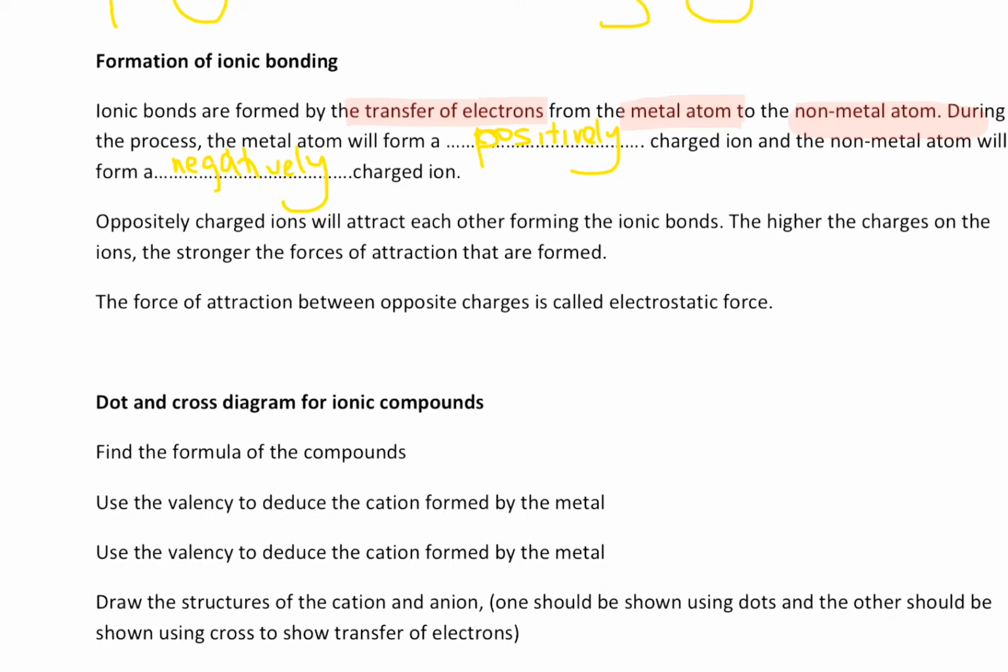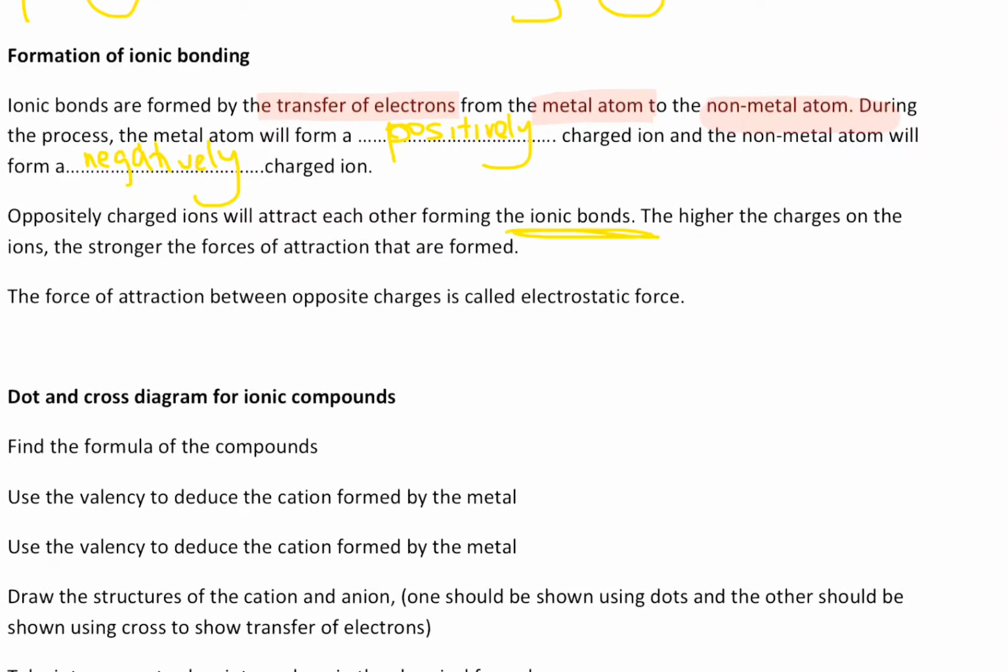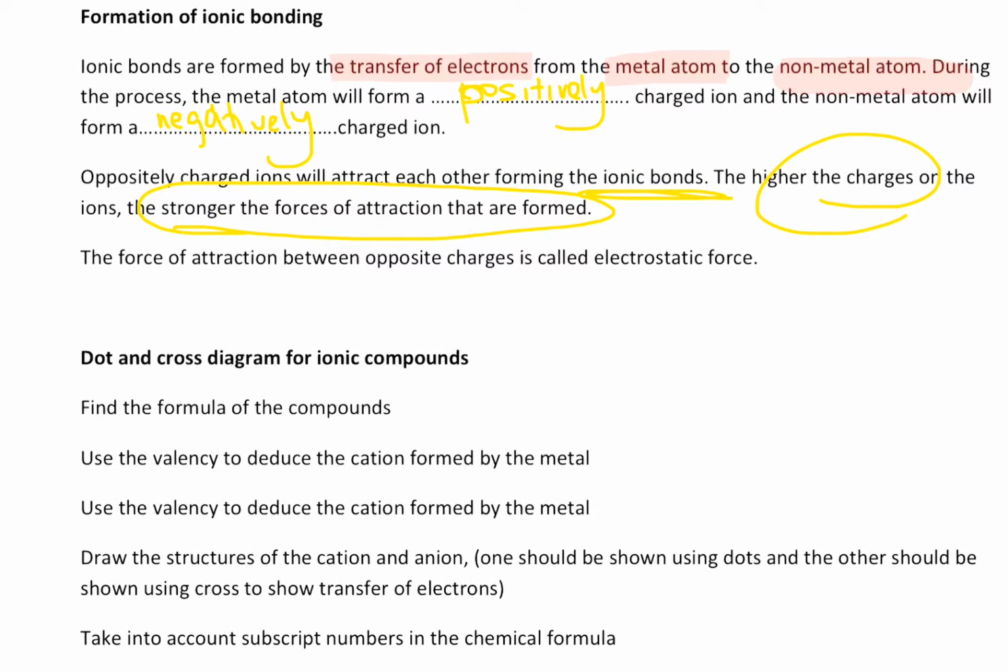Oppositely charged ions will attract each other, forming ionic bonds. The higher the charges, the stronger the bonds and the stronger the forces of attraction. The force of attraction is called electrostatic force. This is what I explained at the beginning.